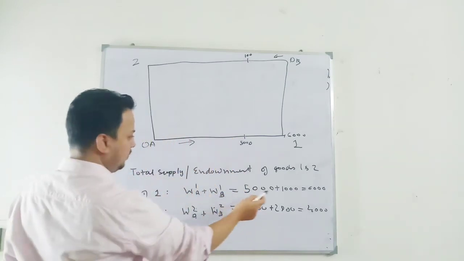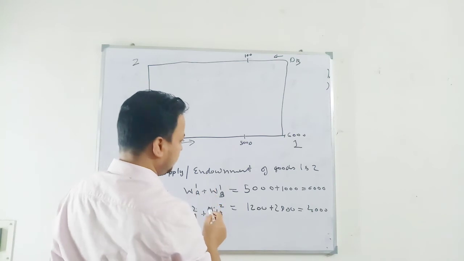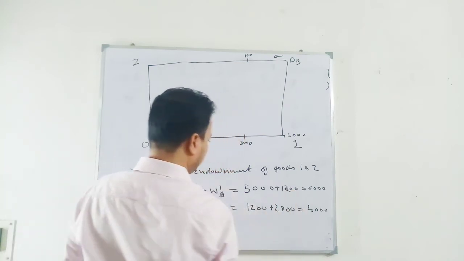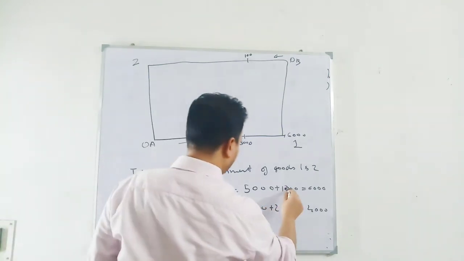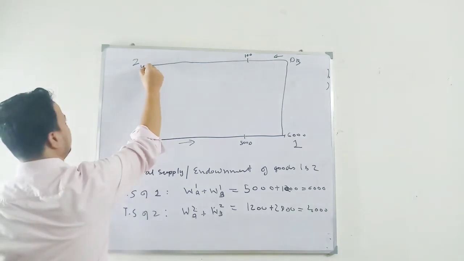And then you have the endowment for good 2. Sorry, so 4,000 I have here; this total is 4,000.